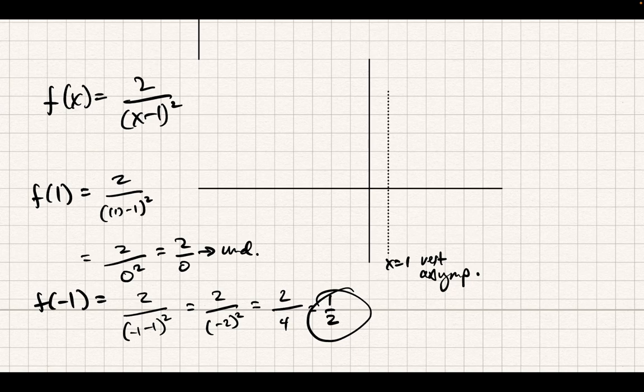And then the rest of the equation looks like this. Based on that drawing, where is our horizontal asymptote?